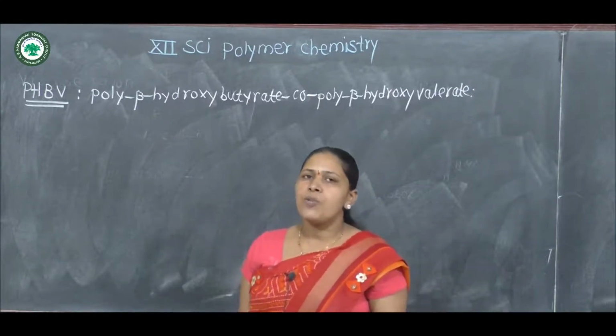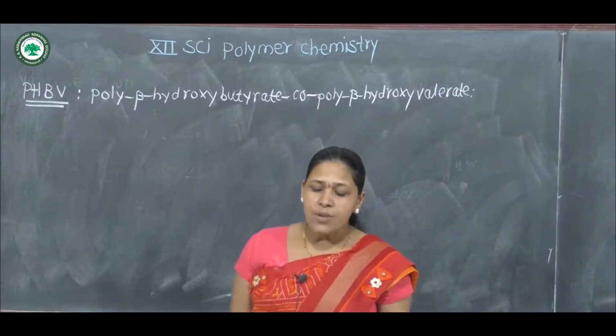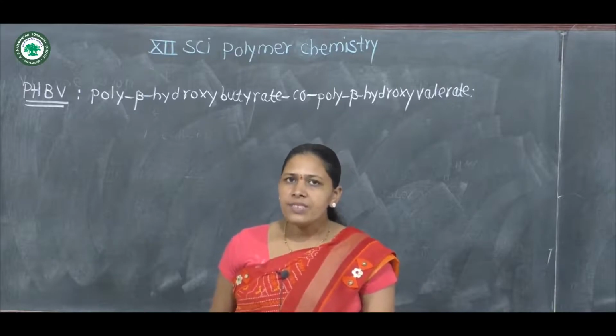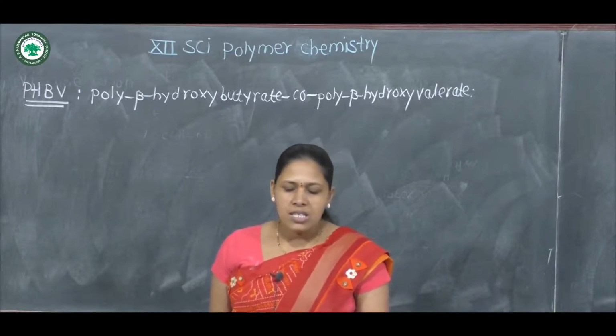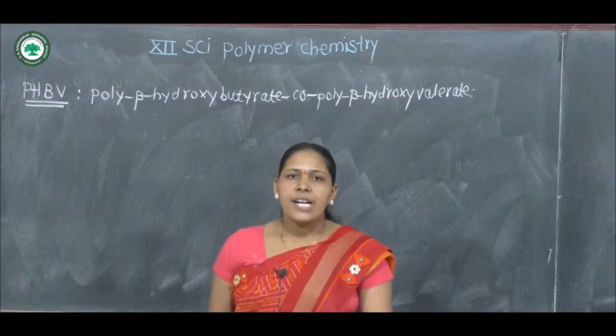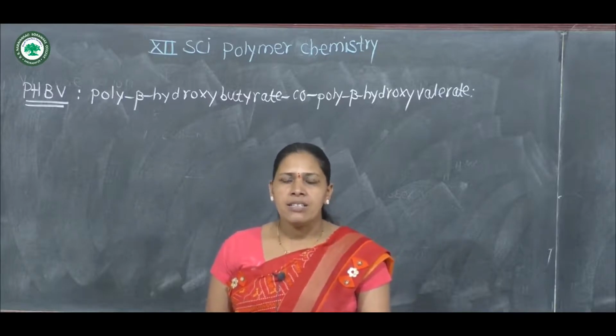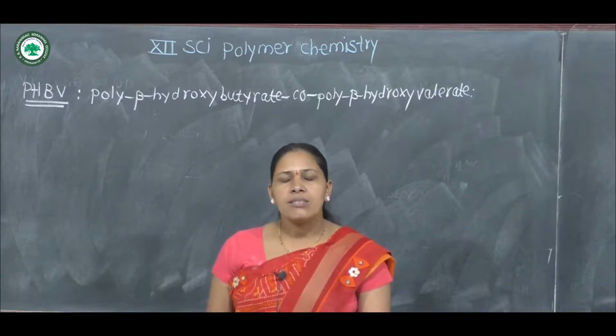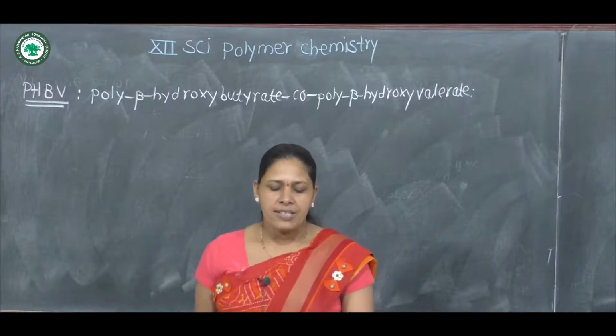The monomers are 2 carboxylic acids. The first monomer is 3-hydroxybutanoic acid and the second monomer is 3-hydroxypentanoic acid.